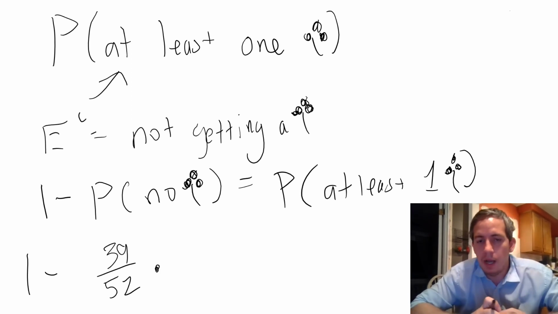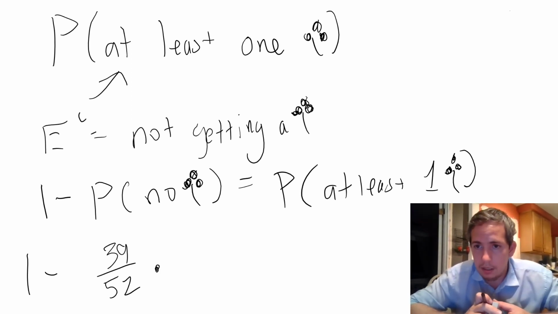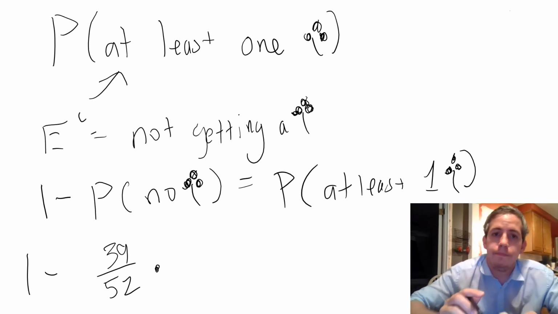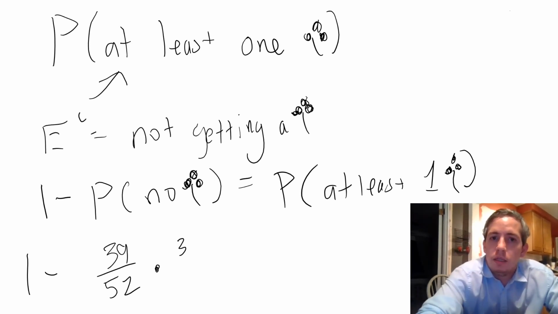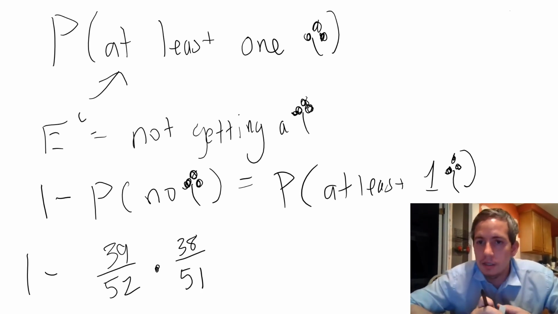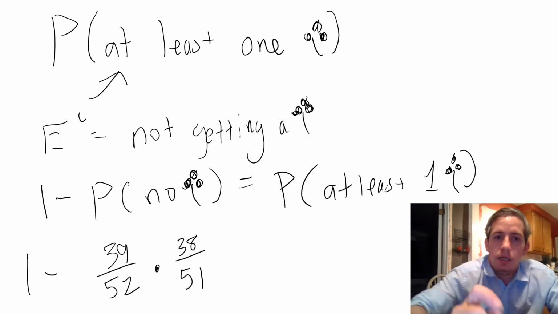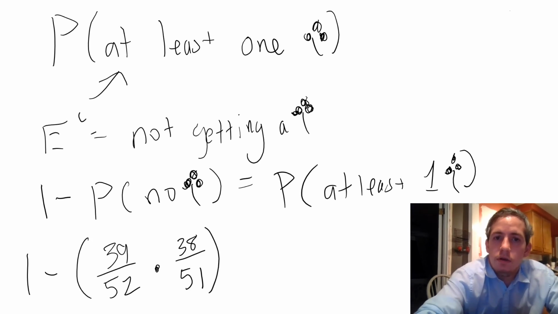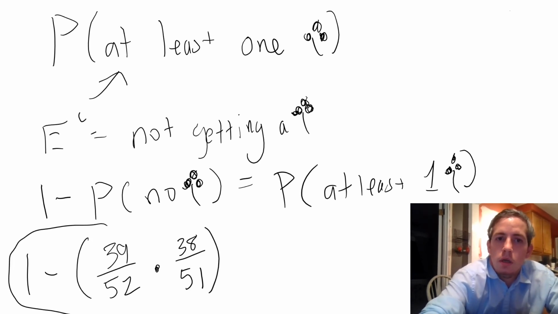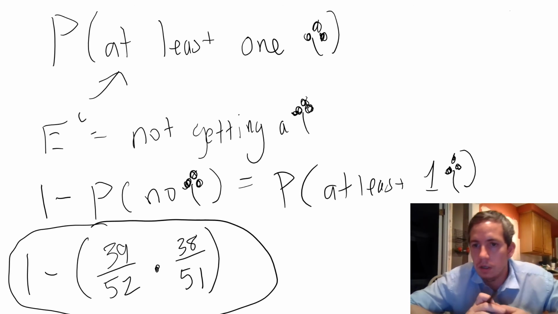Then I multiply by the probability that I don't get a club again, assuming I didn't get a club the first time. There will be 38 non-club cards left, and 51 cards in the deck. Now if I multiply those two numbers together and subtract it from 1, this is the number that I'd be going for as my probability.